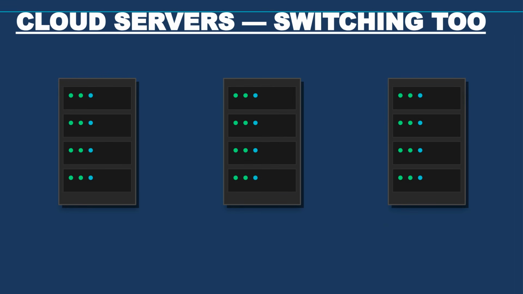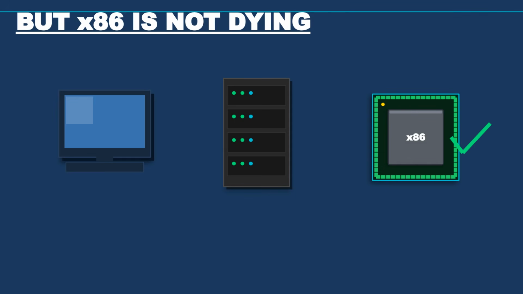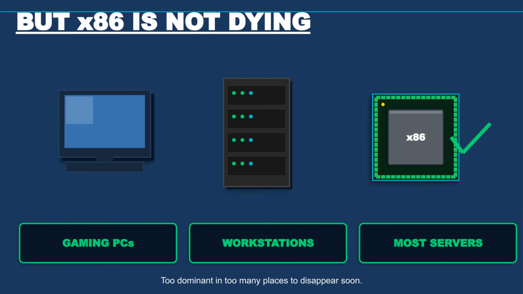In cloud computing, major server providers like Amazon Web Services and Microsoft Azure are shifting to ARM-powered servers. This reduces electricity costs due to ARM's lower power consumption. Despite ARM's rapid expansion, x86 is not dying. It remains dominant in gaming PCs, workstations, and most servers due to its established ecosystem and raw power.